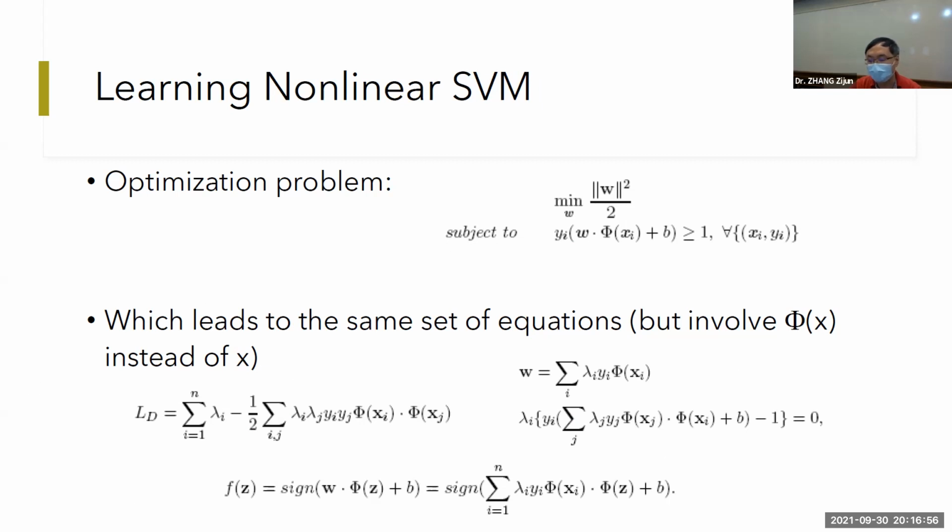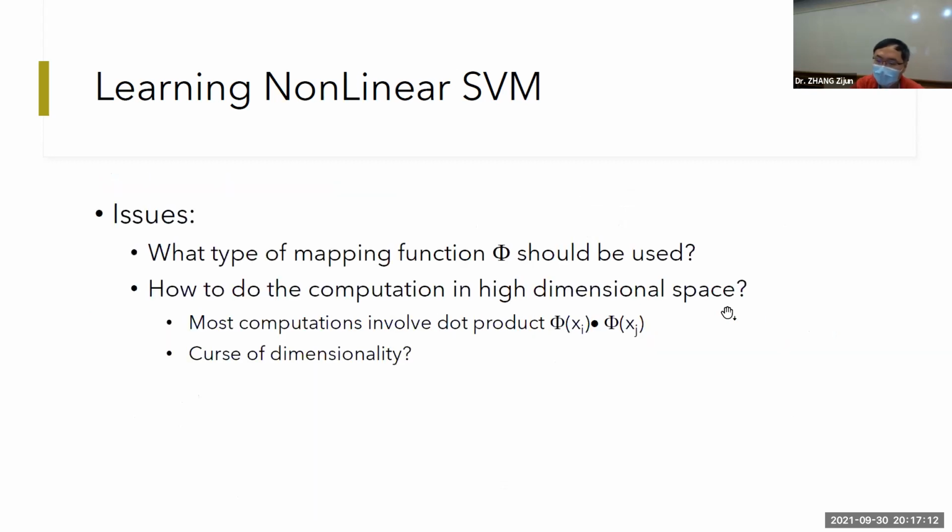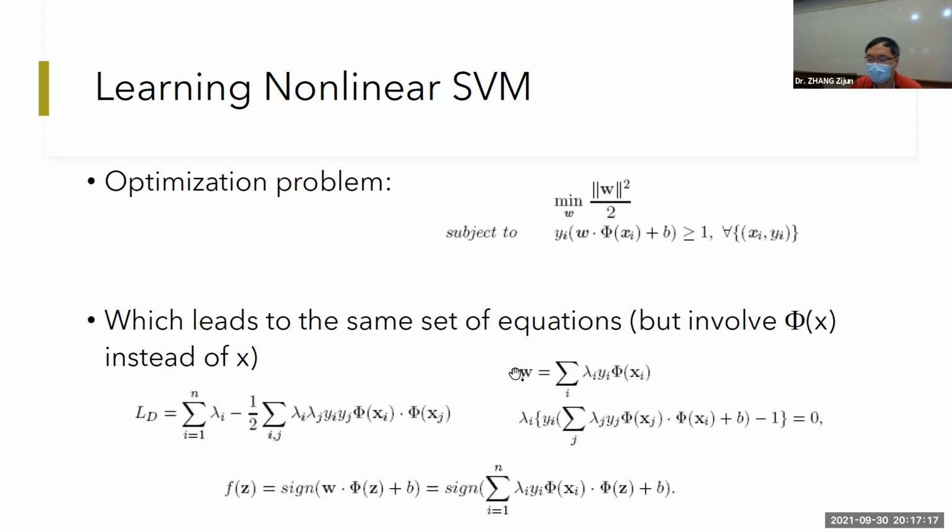It is the same set of equations, but just replacing the X with the kernel of X. So you don't need to worry about this math. You just need to understand that it is a transformation of X to another hyperplane so that we can find a linear boundary to separate the transformed data points.